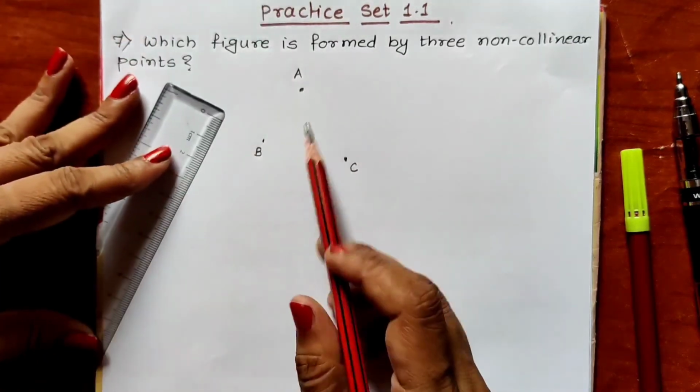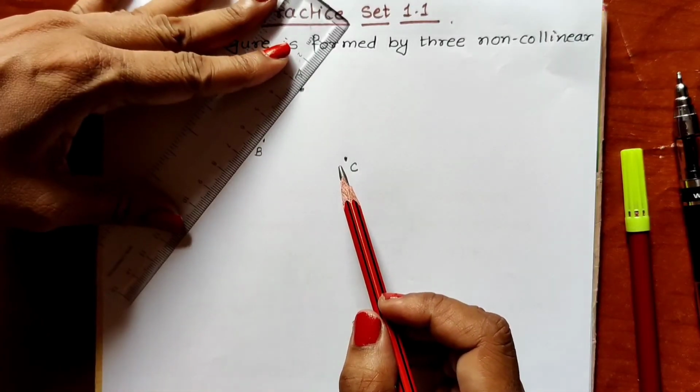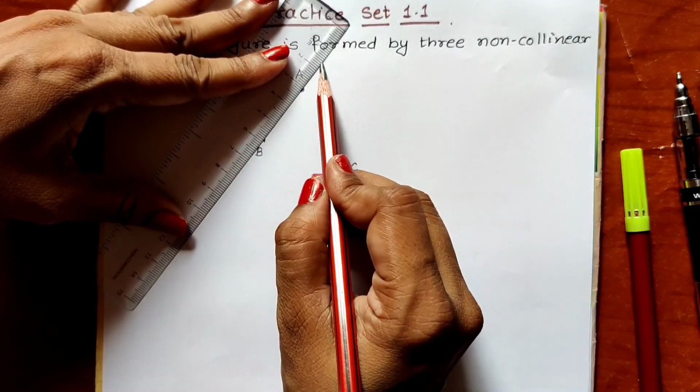Let us see. Points A, B and C, these 3 are non-collinear points. I will be joining these 3 points.